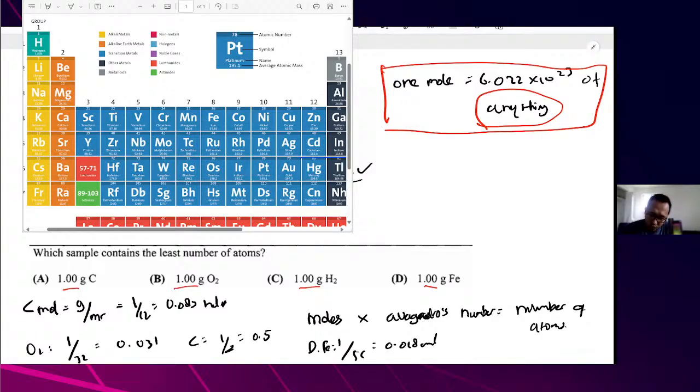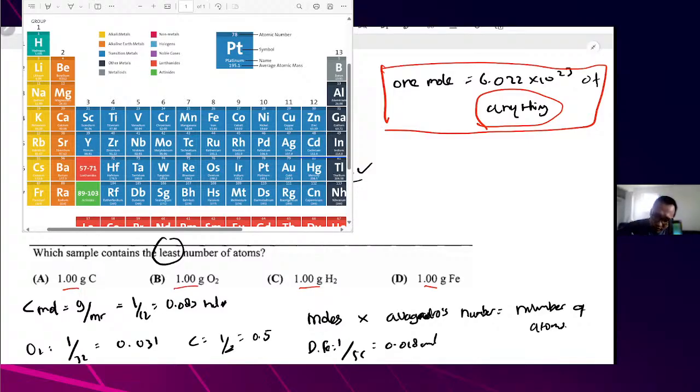So which samples contain the least number of atoms? The least. Oh, sorry, the least one. So the least one, which means we need to have the least moles. Okay, the least moles. Sorry, not the biggest one. If we want to get the highest one, we need to take a look at which one has the biggest moles.